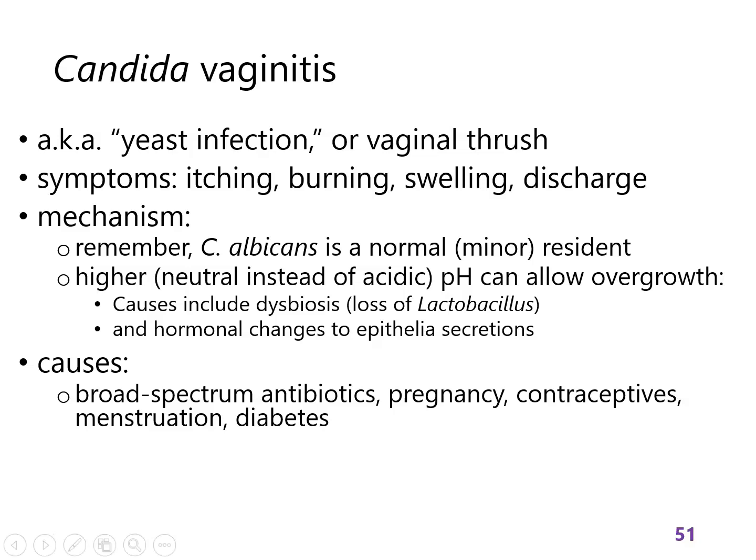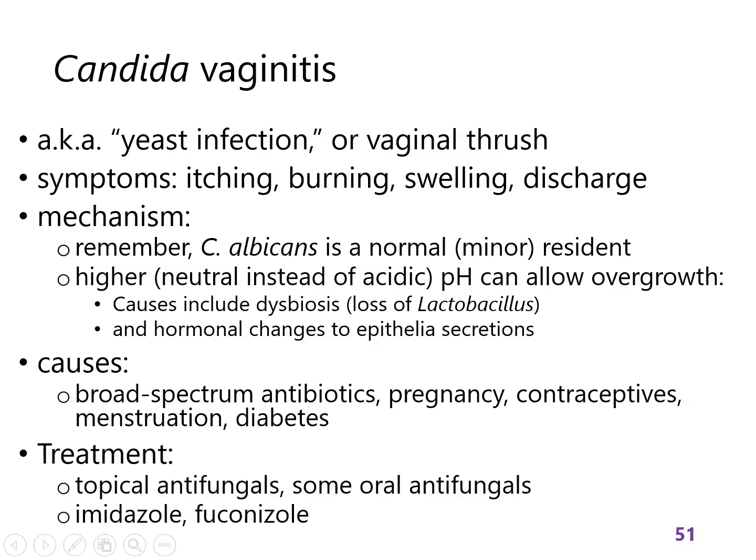But any major hormonal changes like pregnancy or things caused by contraceptives or just changes in the menstrual cycle can cause disruptions to the lactobacillus and the basic chemical environment of the vagina. And there are treatments for this that are straightforward.